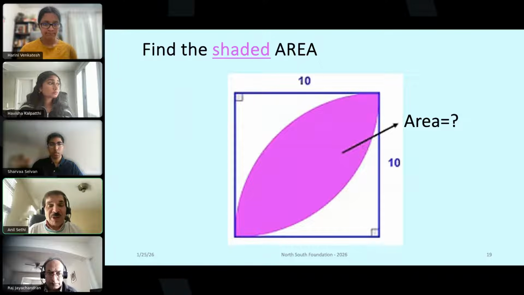So this is a geometry logic type problem. The question is, we have a square where each side is 10, and we also have this funny shape in the middle, which looks like a football, or an ellipse. I want to know what's the area.